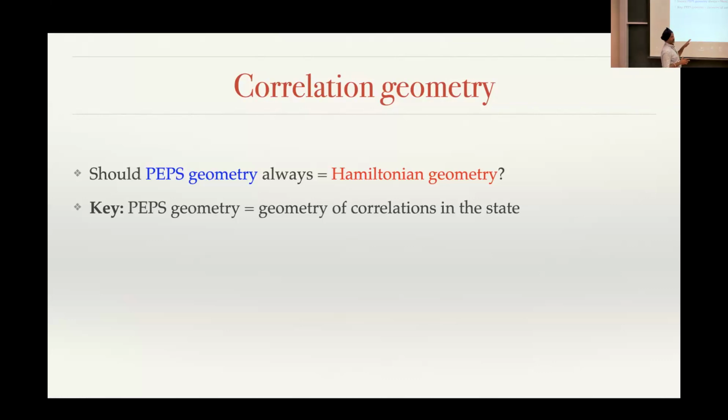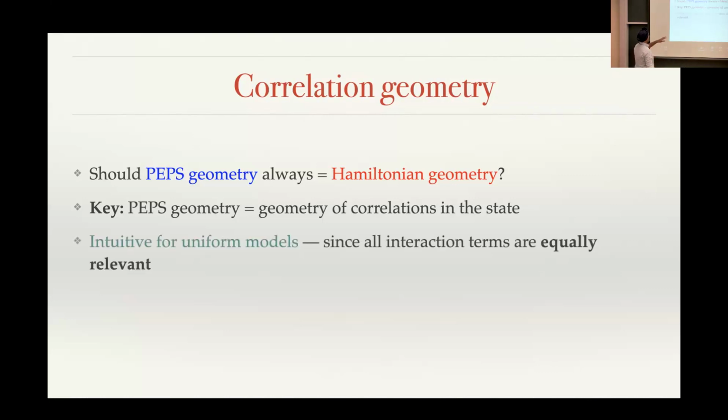So if chi was set to 1, meaning the bond dimension of these tensor networks is 1, you reduce to the case of product states. So as you increase chi, you're adding more entanglement into the state. So these are describing states with more and more entanglement. So the geometry of PEPS, these intermediate bonds are carrying correlations between the spins through the network.